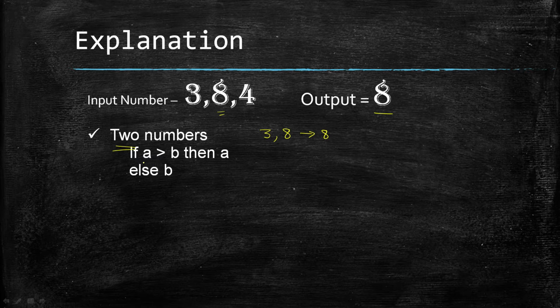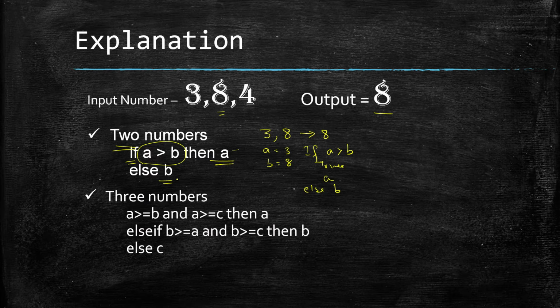To check this, first we will use an if condition to see if A is greater than B. A is 3 and B is 8. If it's true, then we'll print A, else we will print B. So this is the logic behind checking the greatest number out of two numbers.